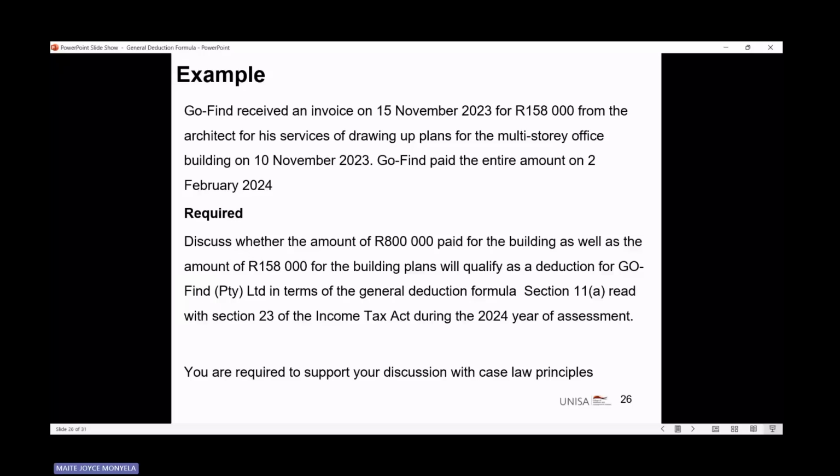I want you to go through the question and answer it so that we can apply what we learned. Remember, our learning outcome is to apply the general deduction formula to a question. So I want to show you how to answer that kind of question, if you are given a question like this. So what do we have? Let me repeat the question again.